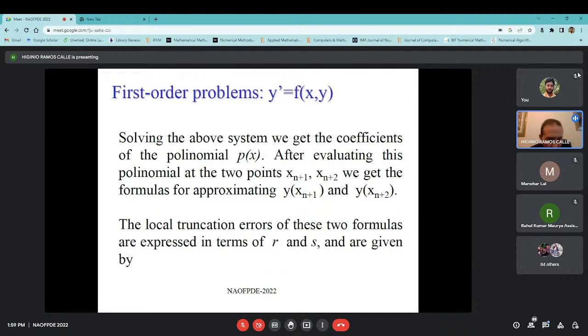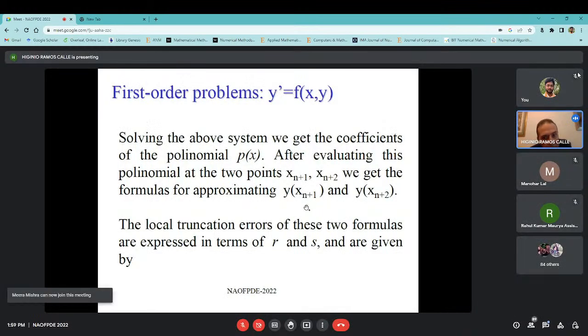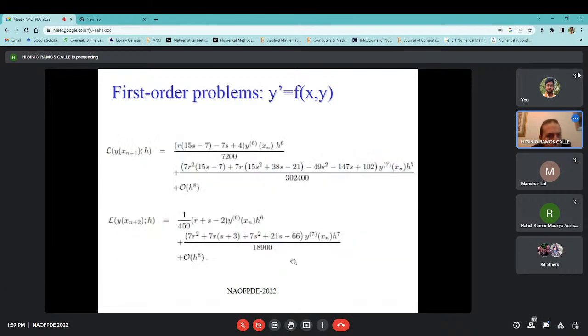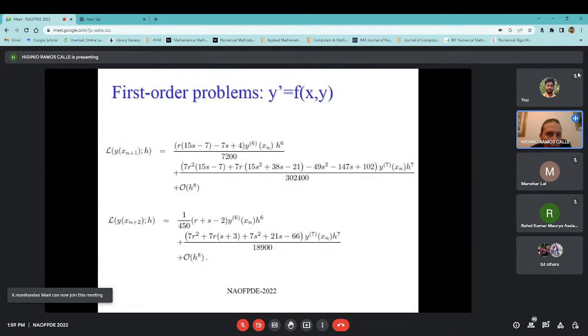So we expand the formula to approximate y at xn plus 1 using the Taylor expansion, and we get this local truncation error. This local truncation error is expressed in terms of the parameters r and s, which correspond to the intermediate points.